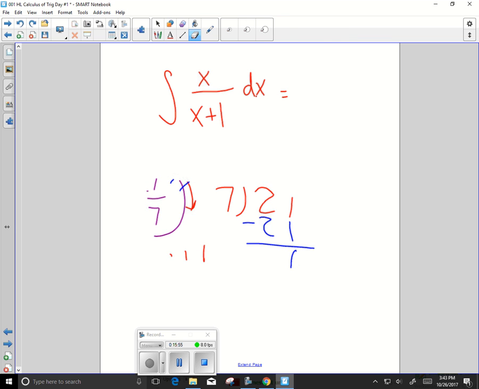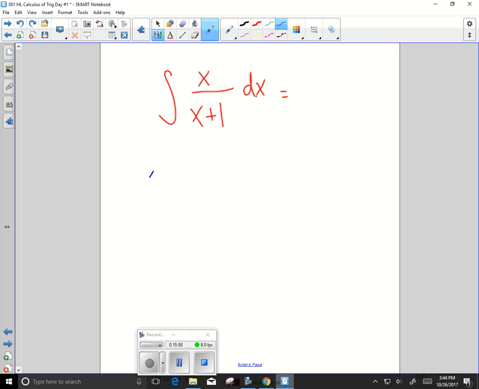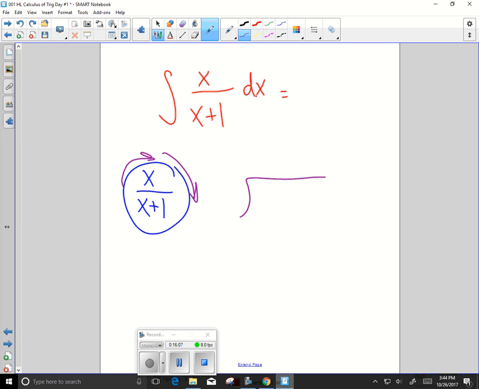What that means to our integral is we're going to take x over x plus 1, and we're going to turn the knob. In the radical, the x falls in, and outside is x plus 1. X times 1 is x. 1 times 1 is plus 1. Now when I subtract this part, you get x minus x is 0. 0 minus 1 is negative 1.